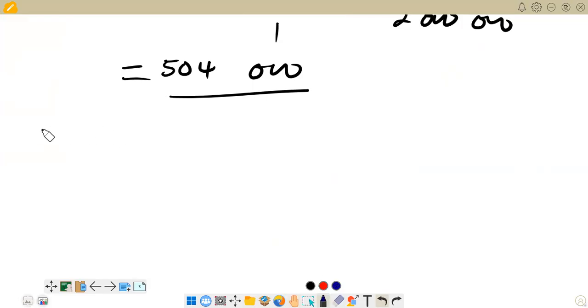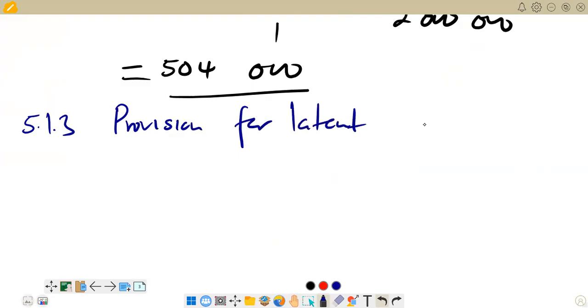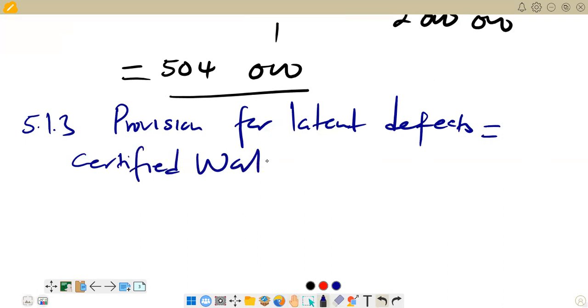This is now 5.1.3, the provision for latent defects. We find it by saying certified work, and then we subtract cash received.